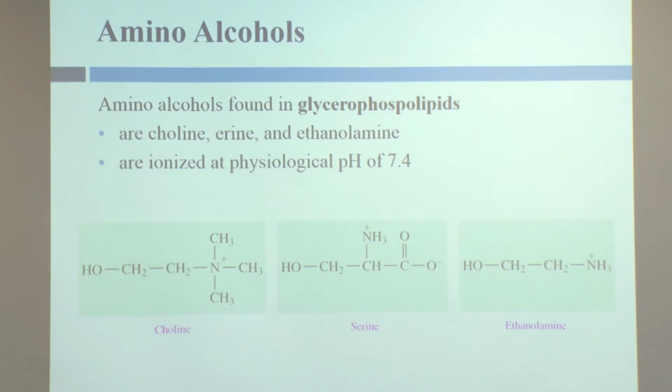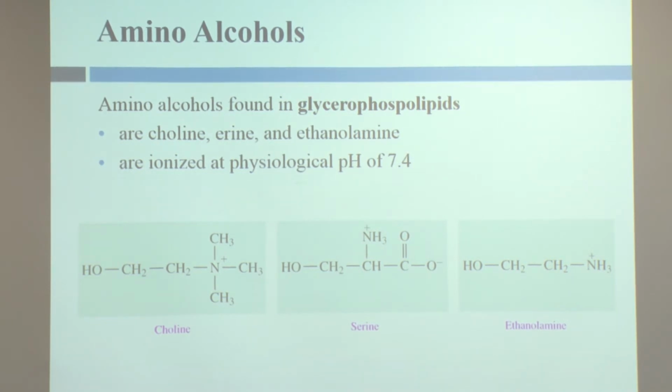So remember, in sphingomyelin and glycerophospholipids, we have said that one of the components is an amino alcohol. These are some amino alcohols: choline, serine, and ethanolamine. These are three of the amino alcohols. Now our physiology inside is a weak base.